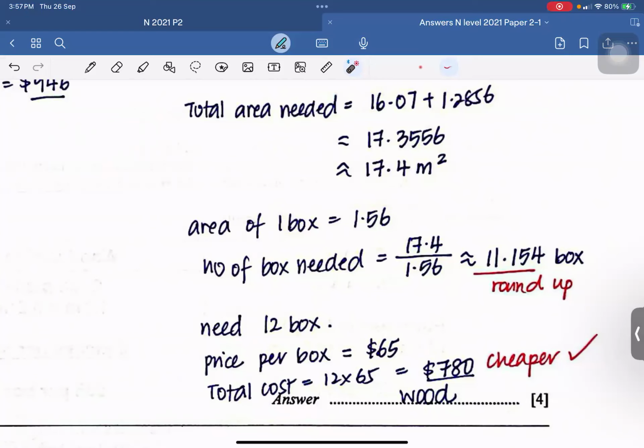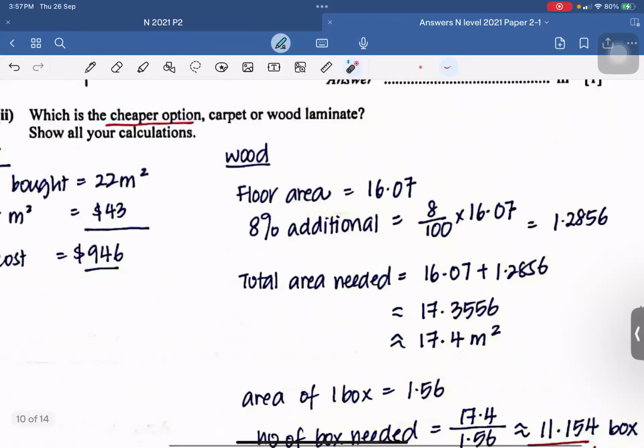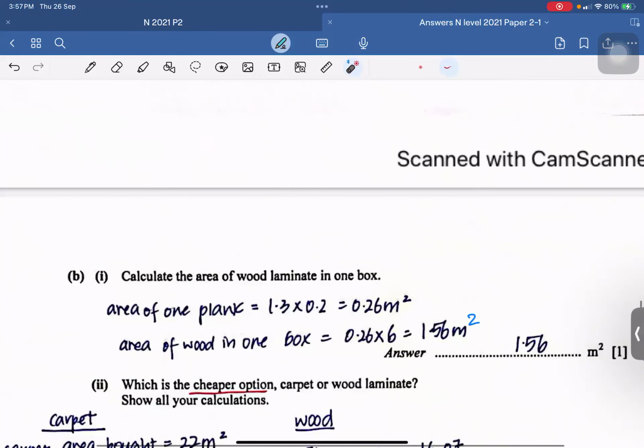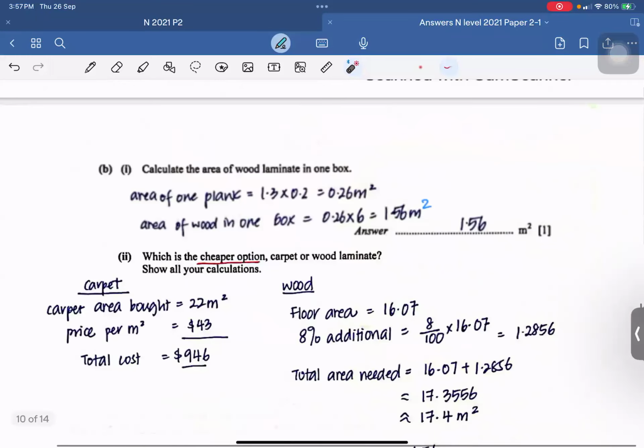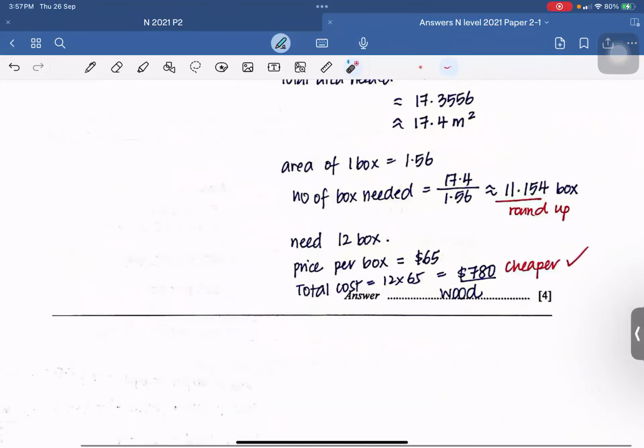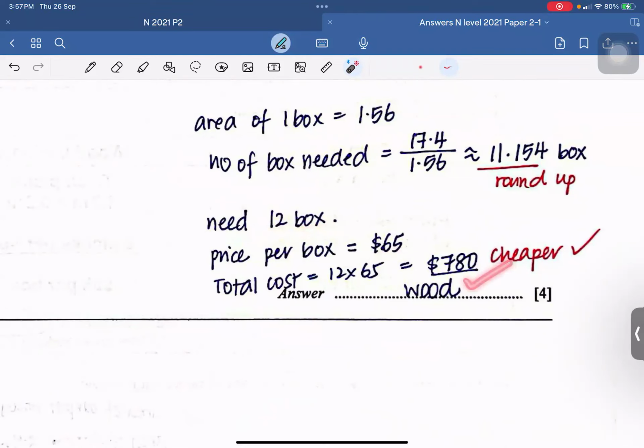Round up, yeah, round up, if not enough to cover, right? Even if it is 11.2, I cannot buy 11.2 boxes, so I have to buy a box as a whole. That means I need 12 boxes. Then each box costs $65, so I take the number of boxes times $65 to give this number.